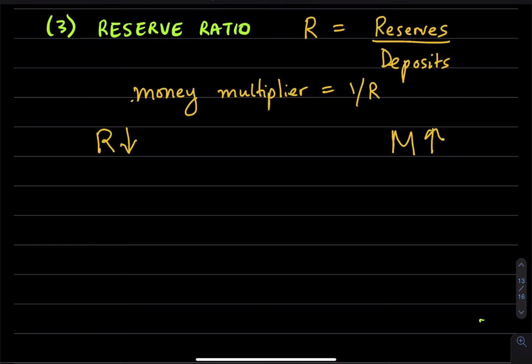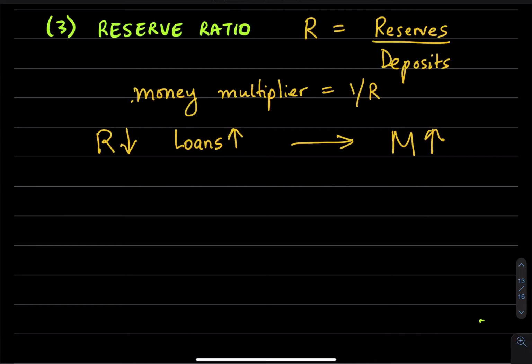So if the requirement was 20%, banks were required to hold 20% of their deposits as reserves. Now the Fed could decrease that and say, well, banks only need to hold 10% of their deposits as reserves. So if reserve ratio goes down, then banks have more funds available to make loans, and this would increase money supply.